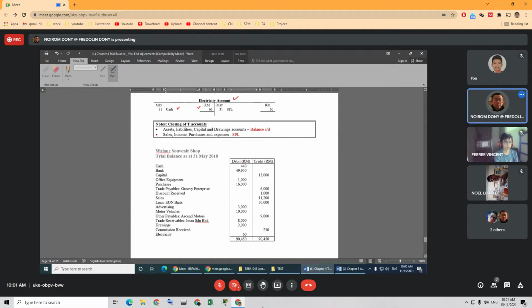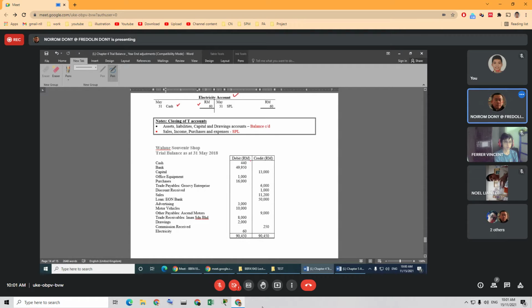So before we proceed to the financial statement, we do the trial balance in order to check whether we have observed the correct double entry. So we put into the debit column and credit column. Debit column for asset and expenses.